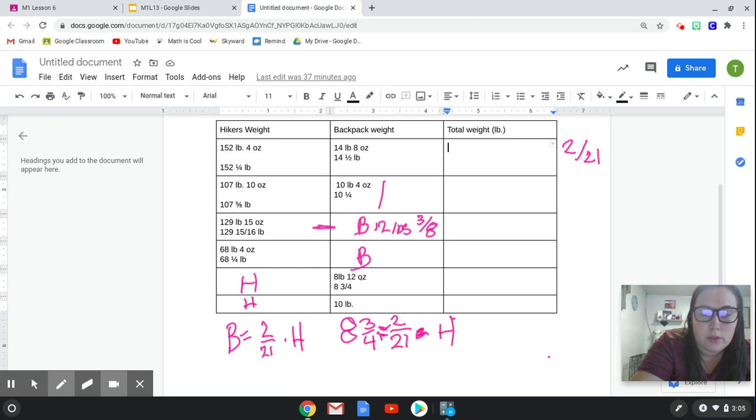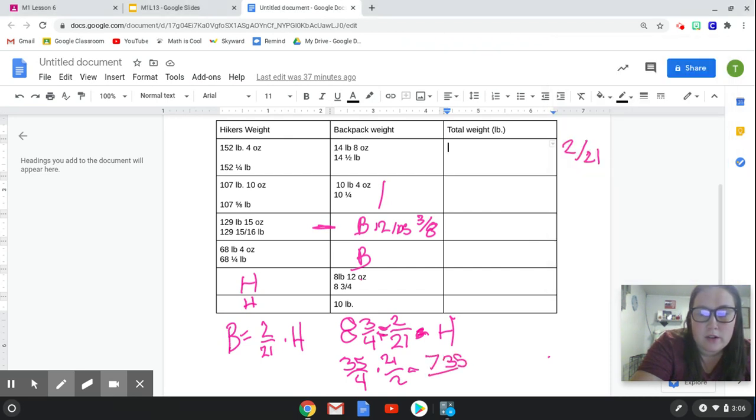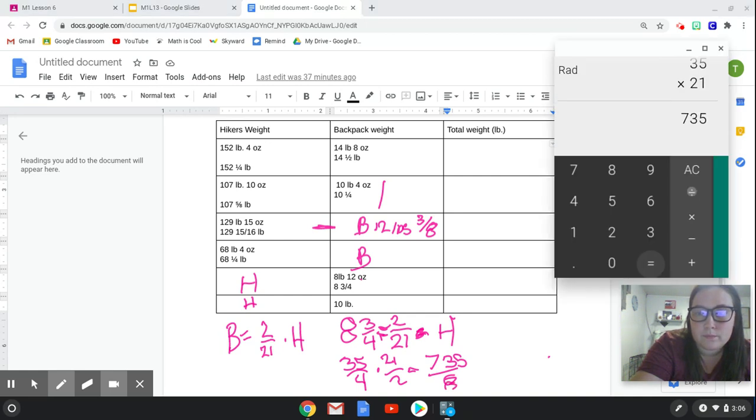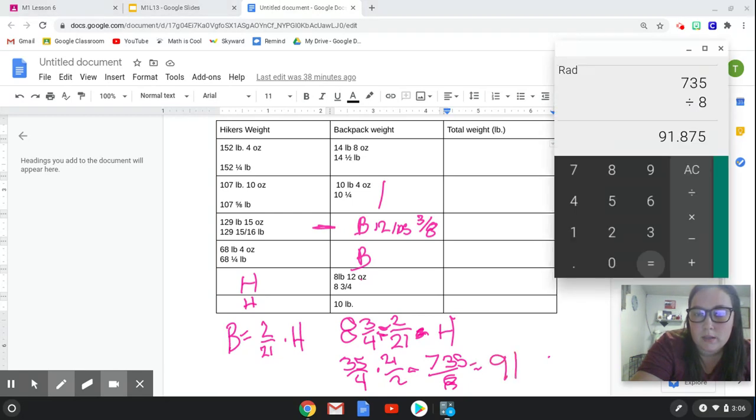So I'm going to end up with 35 over 4 times 21 over 2, which would be 35 times 21, 735 over 8, which would end up being 91, and 91 times 8 is 728.